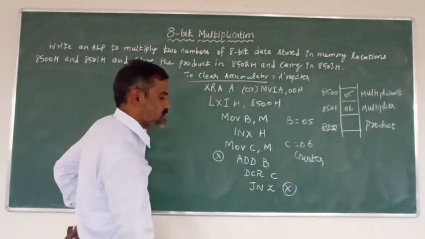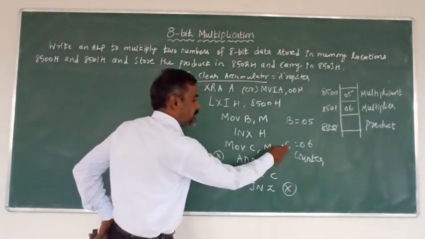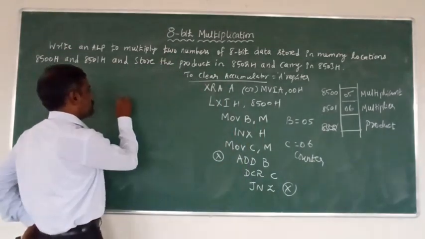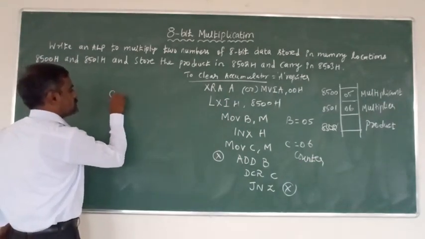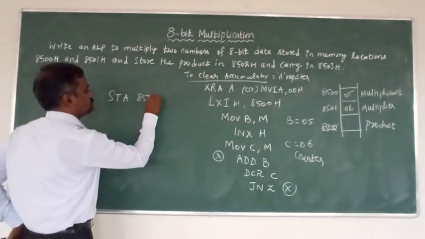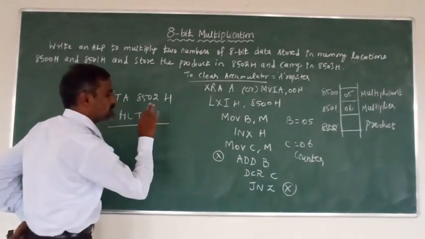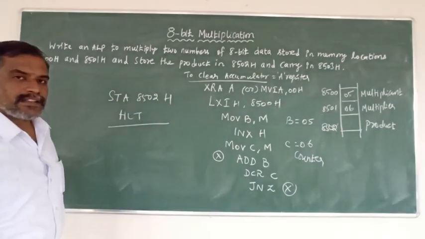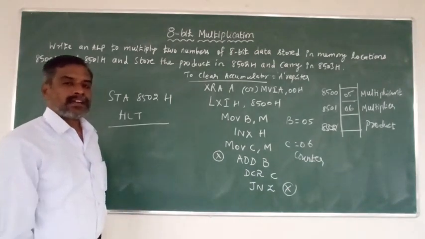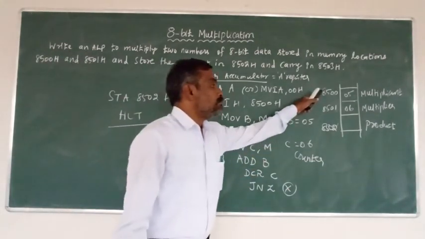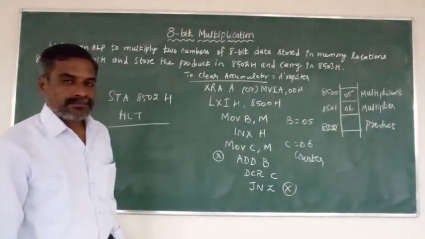If the C register is 0, the result is available in the accumulator. Now the accumulator result is stored at the 8502H memory address location, and that ends the program. This is the basic method to multiply two data.